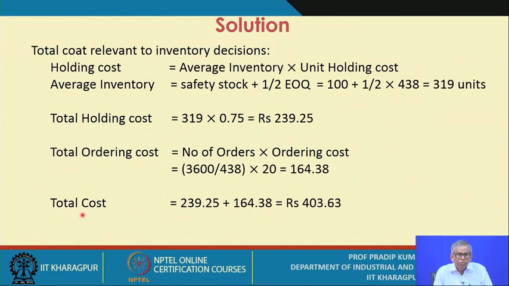Now all these problems you frequently come across, and you should also be aware of the typical numerical problems. So we have cited a few representative numerical problems. So please go through them, and I am sure that with this you have the basic knowledge in the dynamic inventory problem under certainty.